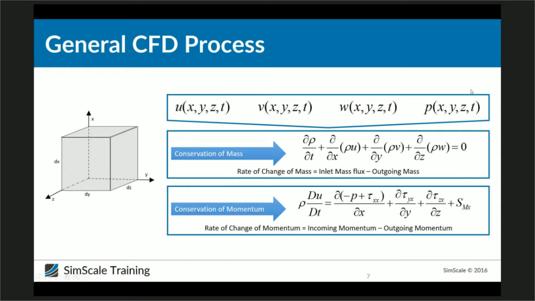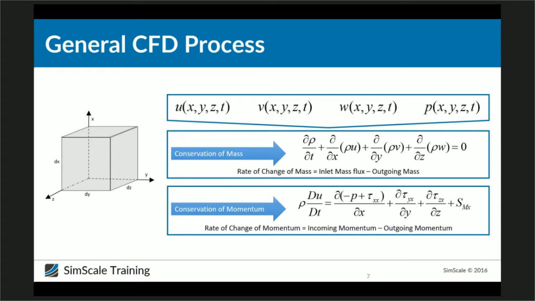But in most of the cases, it's not possible, especially when we're talking about real-world geometries. We cannot solve them analytically, so what can we do? We are very happy because actually like 150 years ago, people started to think about numerical schemes and algorithms. We can't solve the Navier-Stokes equation analytically, but numerically, and that is the general purpose of CFD.